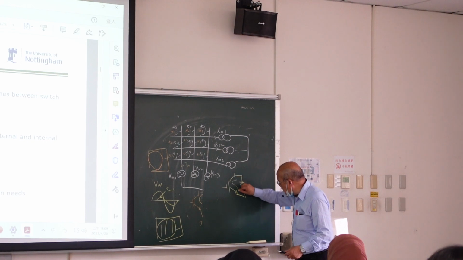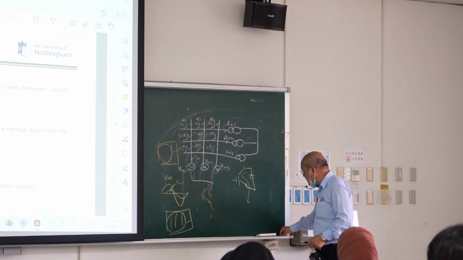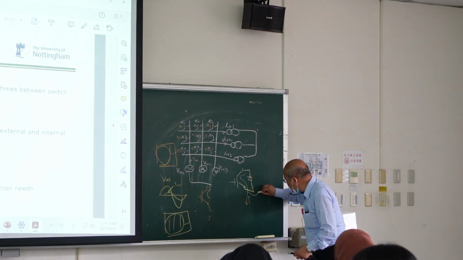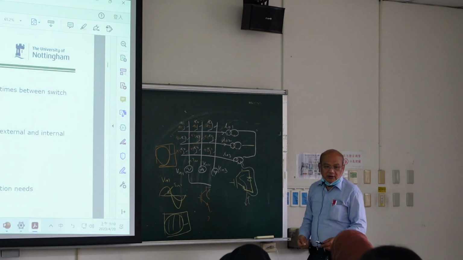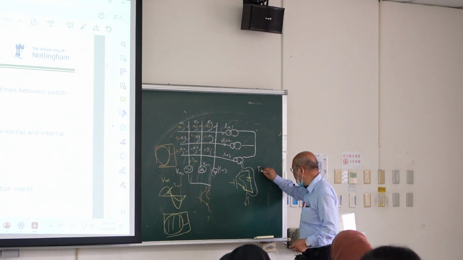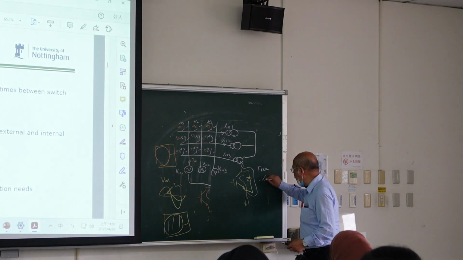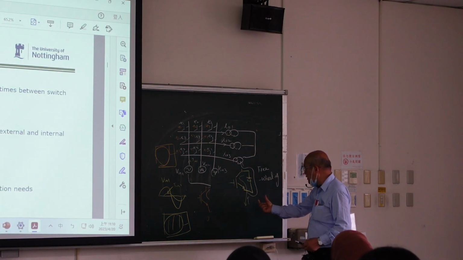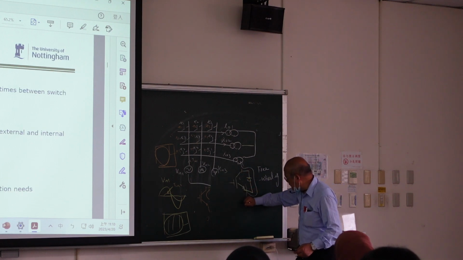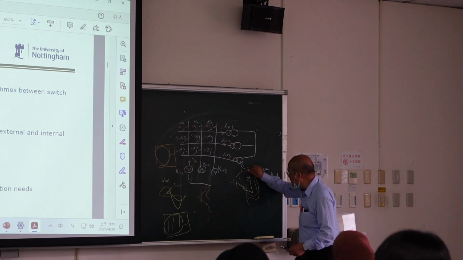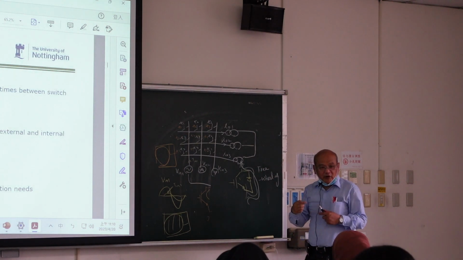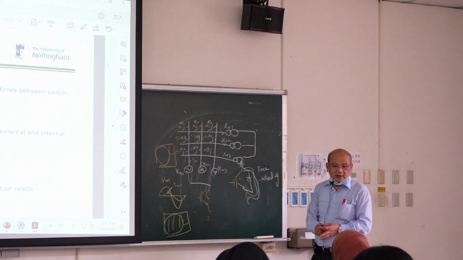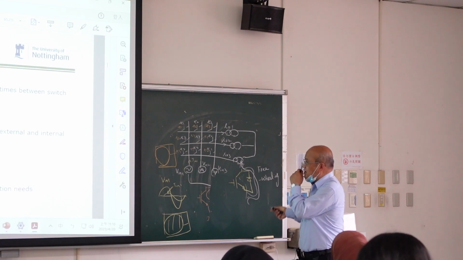So if this turns on, it is okay. But if the current goes this way, it can go through the diode, right? So we call this free-wheeling diode. So if this turns off, then the current can go back through here to avoid the spike, right? So this is a good thing.